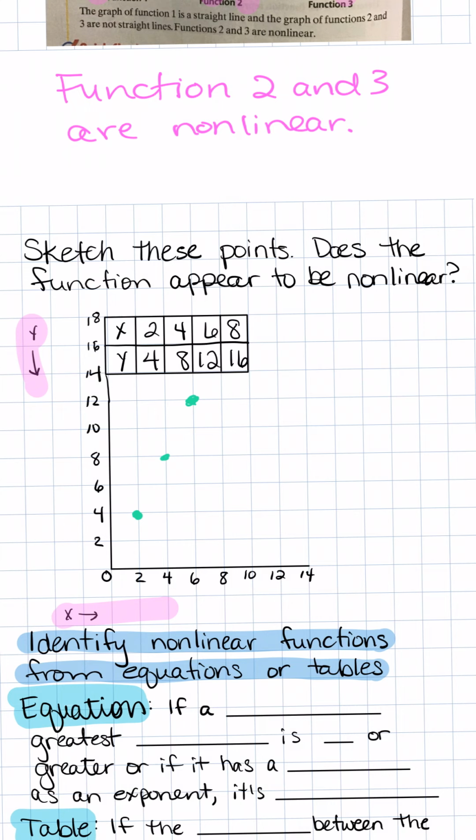X is 8, y is, sorry, my numbers got mixed in here, 16. That looks pretty linear to me, right? So does the function appear to be nonlinear? No. It is linear. It's a straight line.